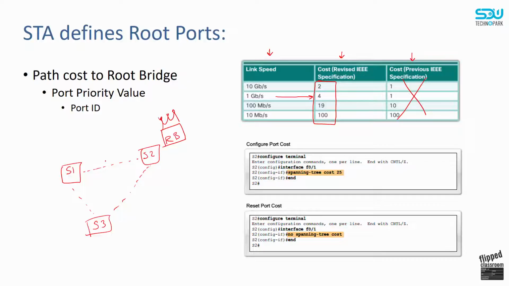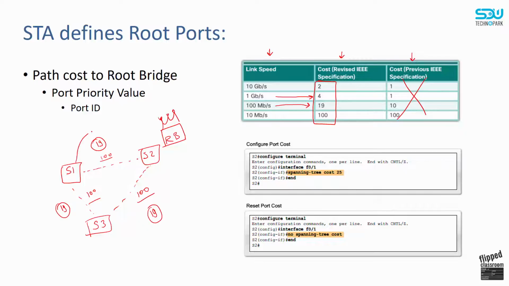Imagine that the speed everywhere between them is Fast Ethernet, 100 megabits per second. Because our speeds are 100 megabits per second, we can identify the cost from switch 1 to S2 using this link. It is going to be 19. But if switch 1 calculates the path through switch 3, we have the value 19 here and 19 here.